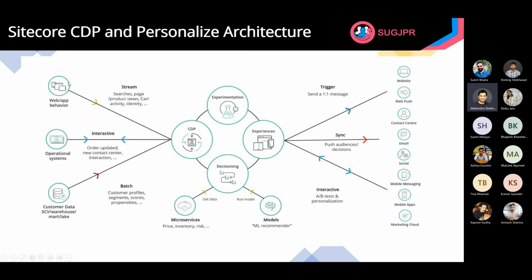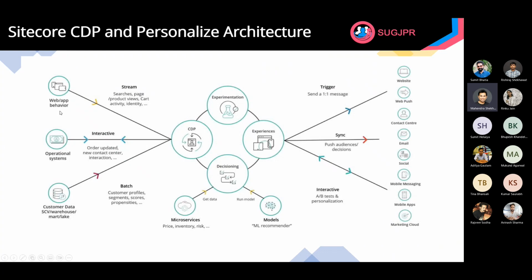Stream data is basically data from how you interact with your website or app. Interactive data is data where you can do some kind of CRUD operation. It could be inbound data or outbound data, both.